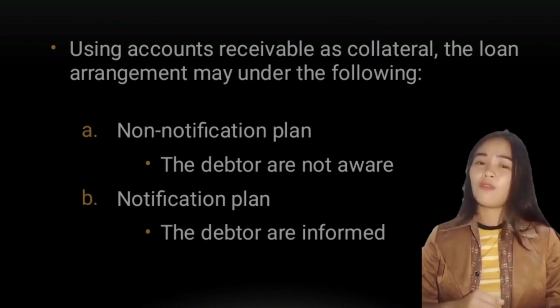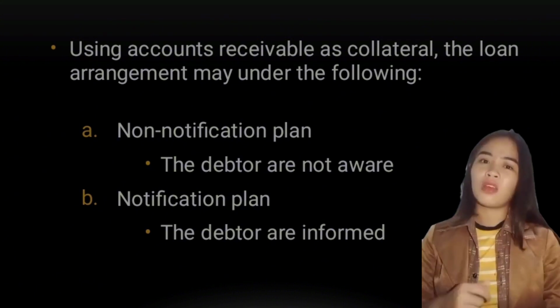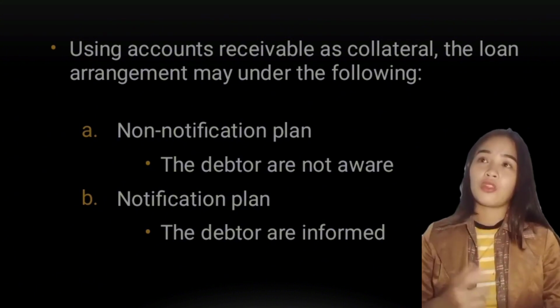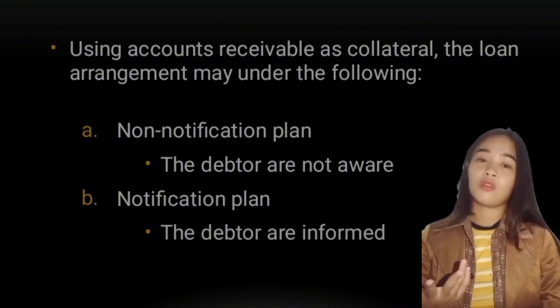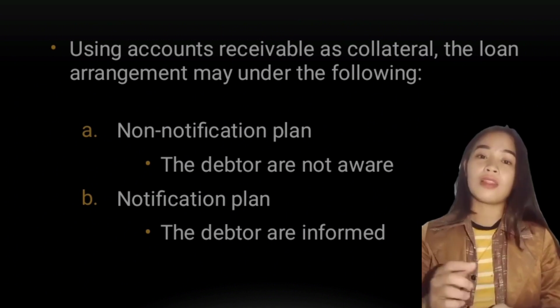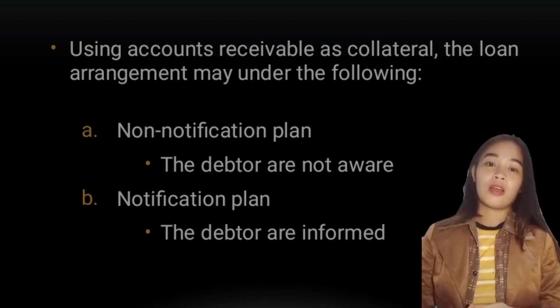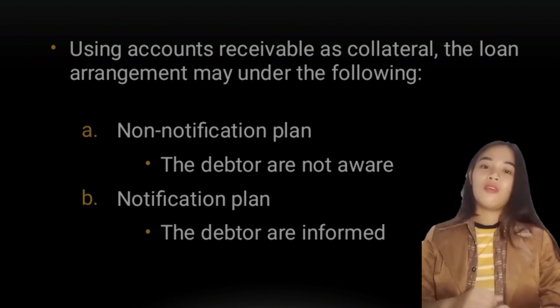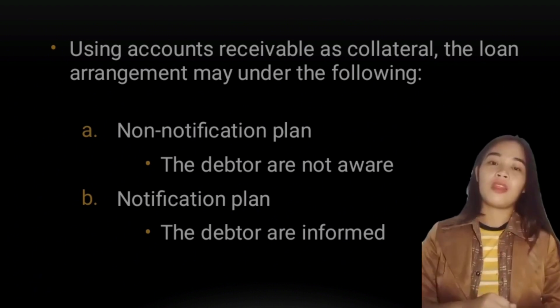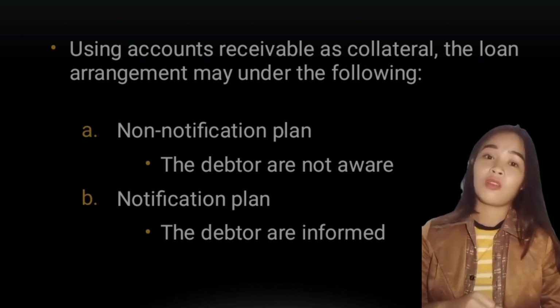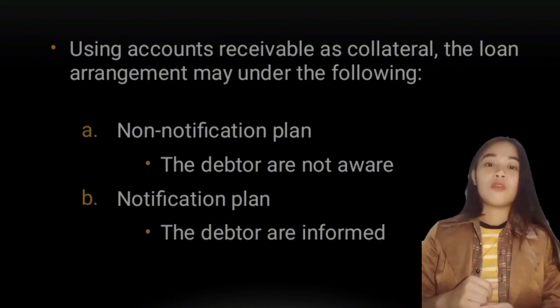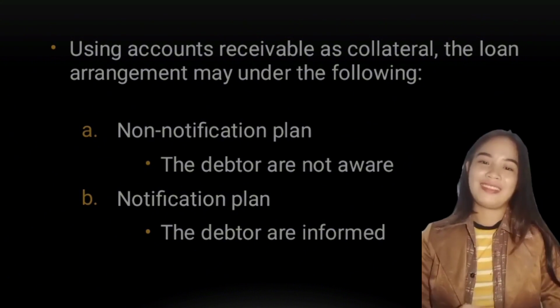Non-notification is just like Facebook: if you didn't turn on your notification, you can't update what is going on in today's news. If you turn on notifications, you will always be updated.